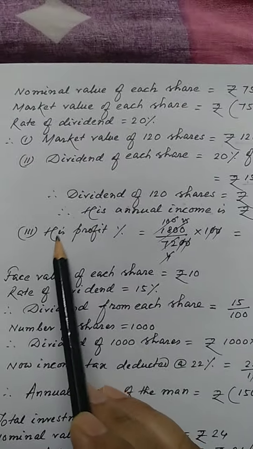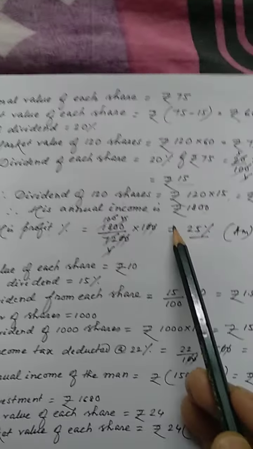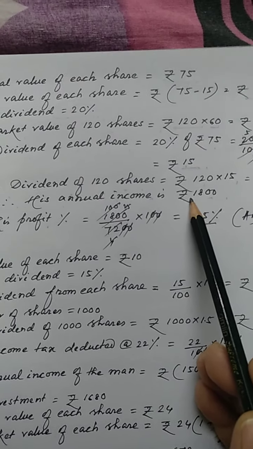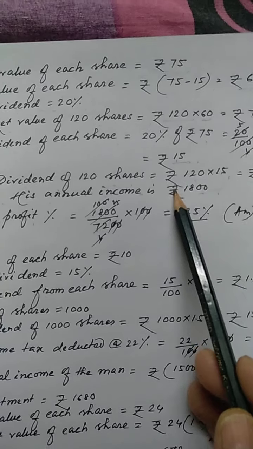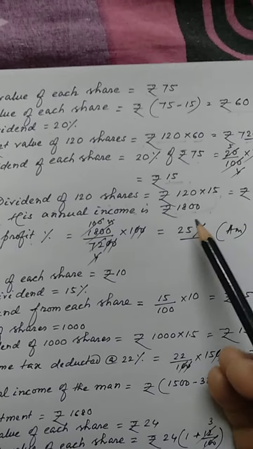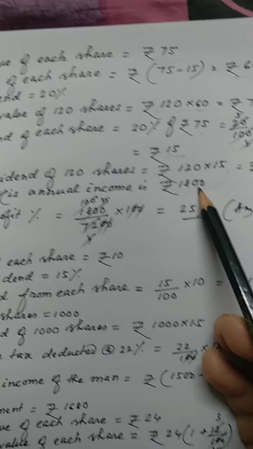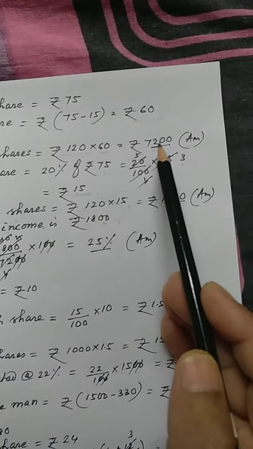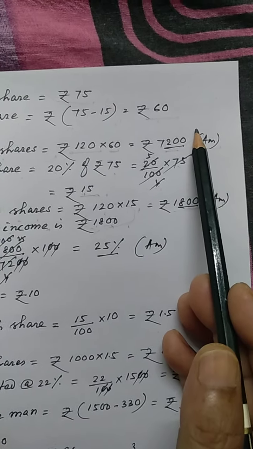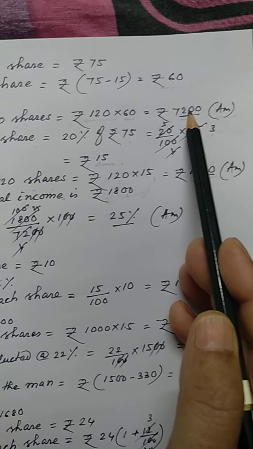Now his profit percent. So profit percent, as you know, is the percentage of the dividend he receives out of his investment. So here he received the dividend 1800 rupees and his total investment is 7200. So that 1800 is what percent of this 7200?